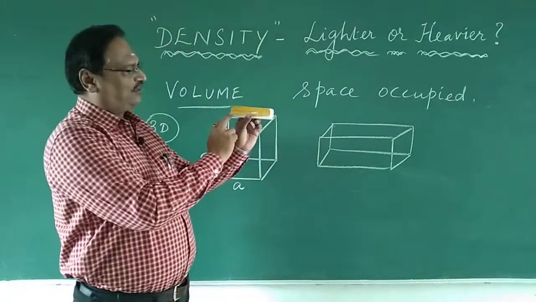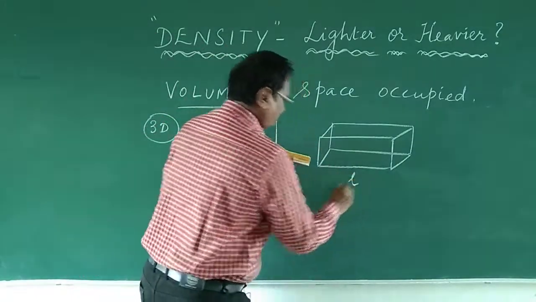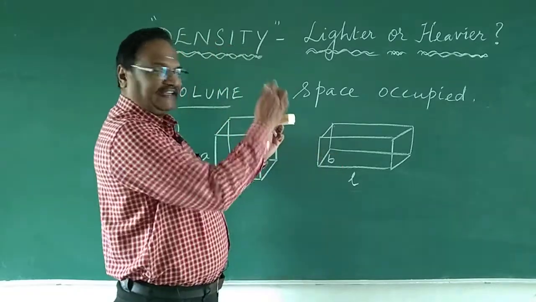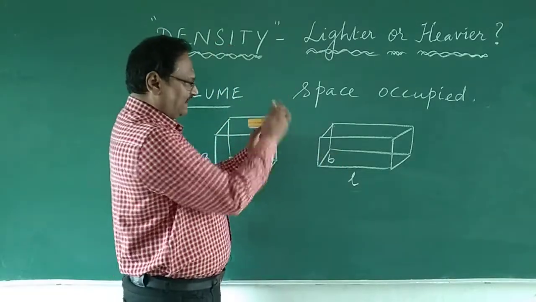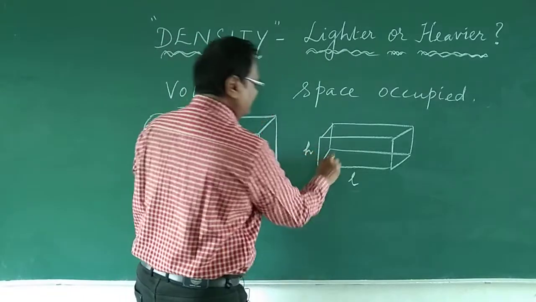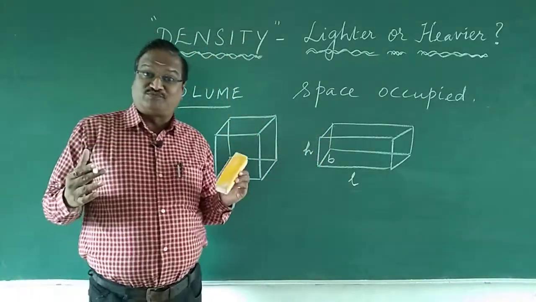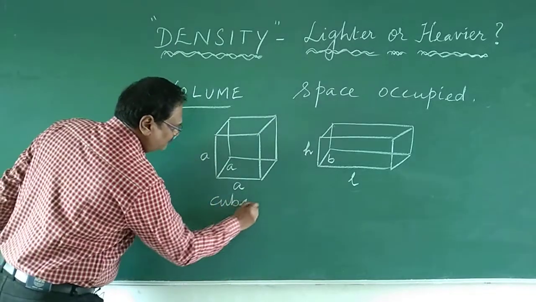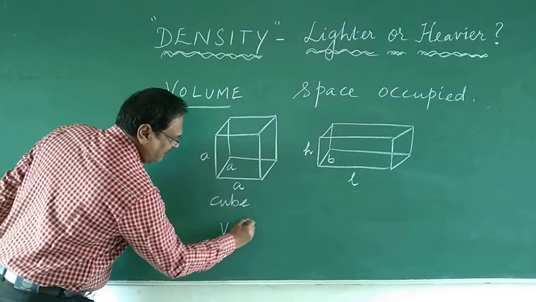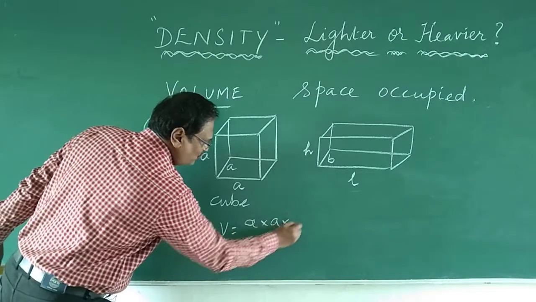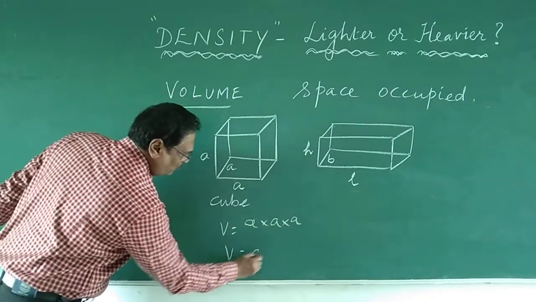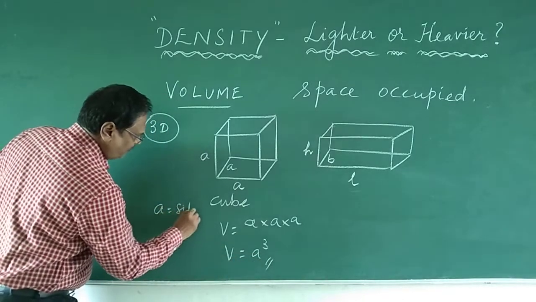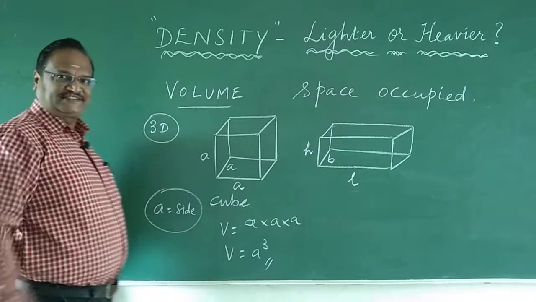So this is the length, this is the breadth and this is the height. In the case of a cube, the volume is equal to side into side into side, that is a cubed, where a is the side of the cube.